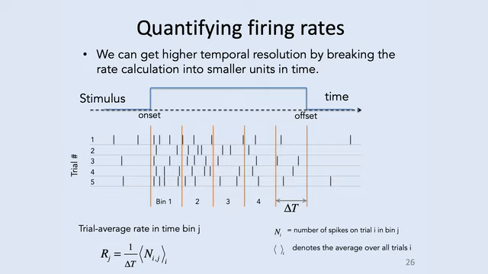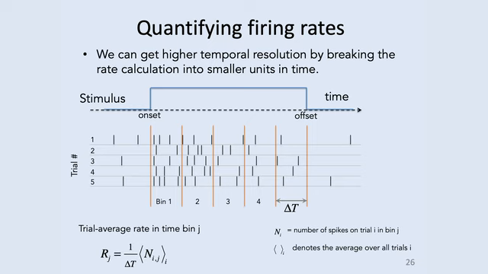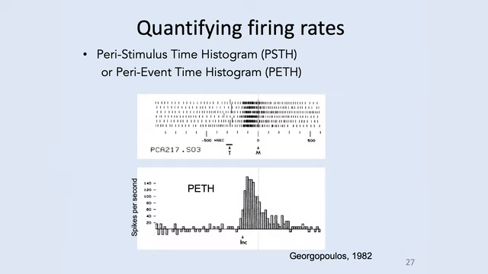So, for example, we can count the number of spikes on trial i in bin j, and average the number of spikes in the jth bin over all trials. That's just the average number of spikes in this first bin, for example, divided by the interval delta t. And so now you have a different rate, with finer temporal resolution.